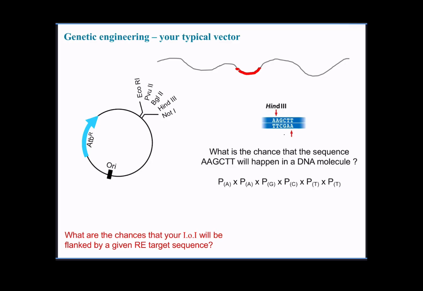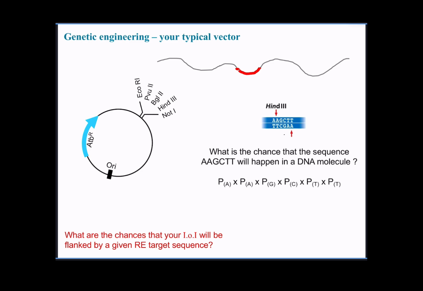It will operate under different experimental conditions. So I like to use HindIII, right? But what are the chances that I will find the HindIII target sequence, AAGCTT, surrounding my insert of interest, right? I may find some of those sites around my insert of interest, or I may not.